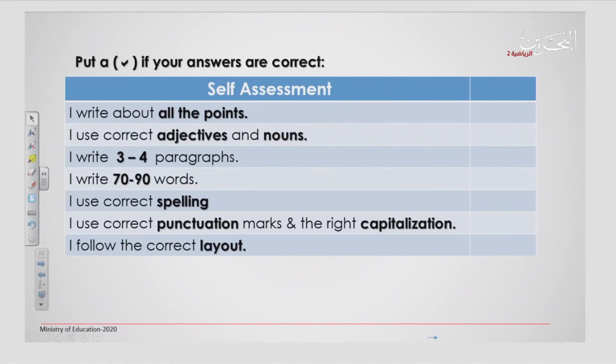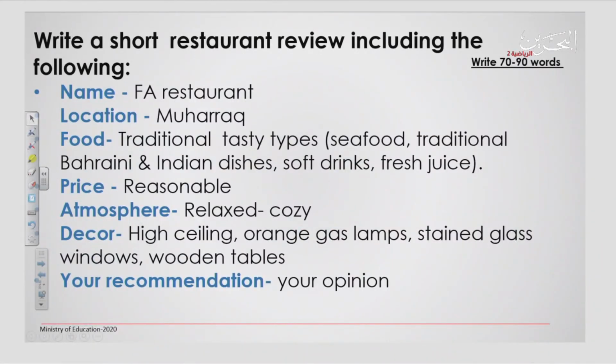I believe we tackled everything. You know the points, you know the paragraphs, 3 paragraphs, the introduction, the body, and the conclusion, and what should be tackled. But before we start, make sure you have the checklist in front of you, the main points, the spelling, the punctuation. Now, I'm expecting you to write a short restaurant review, including the following points.